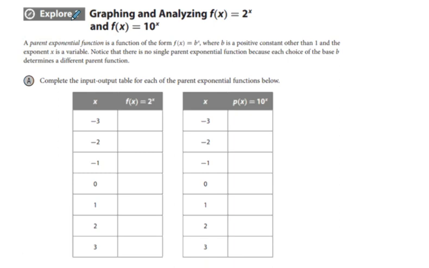And here we have Explore 1, graphing and analyzing f of x equals 2 to the x and 10 to the x. So in this case, our bases are different.